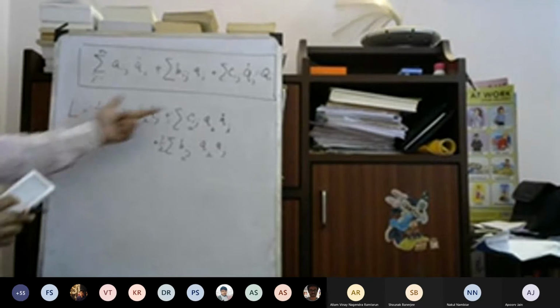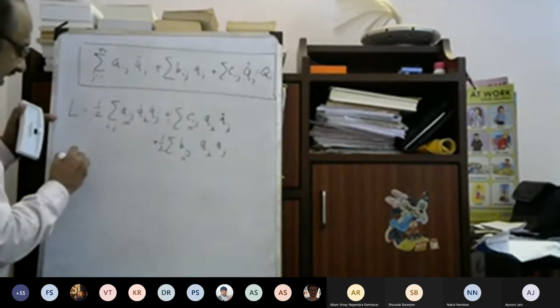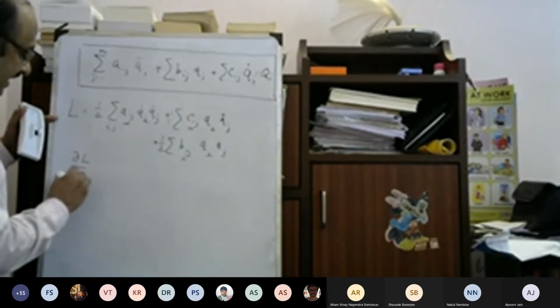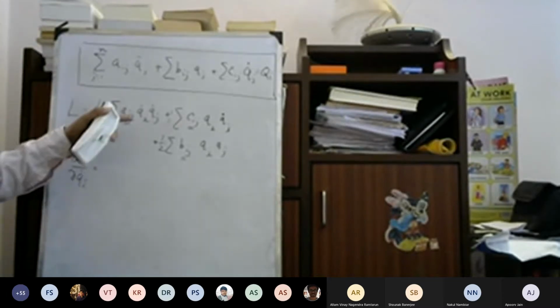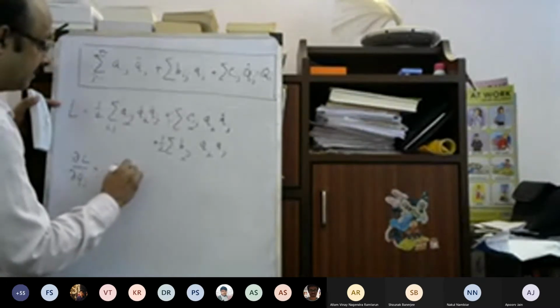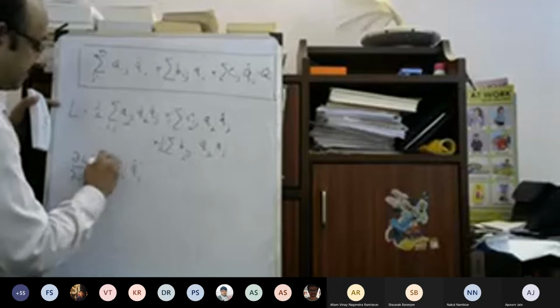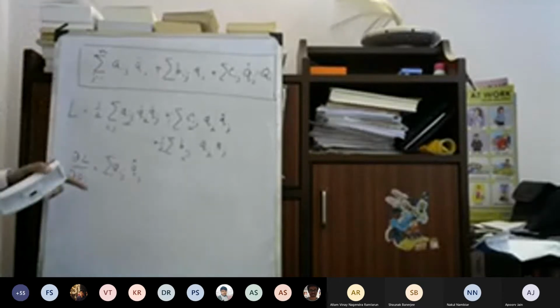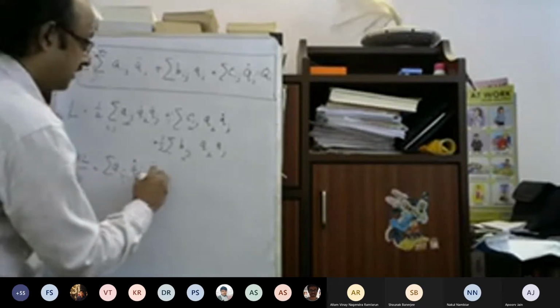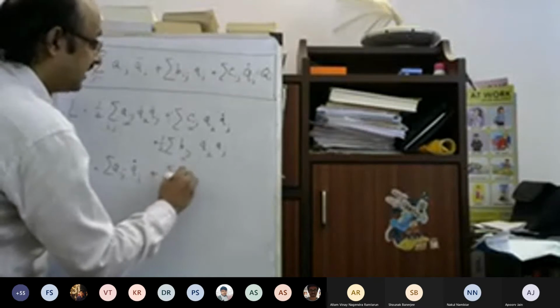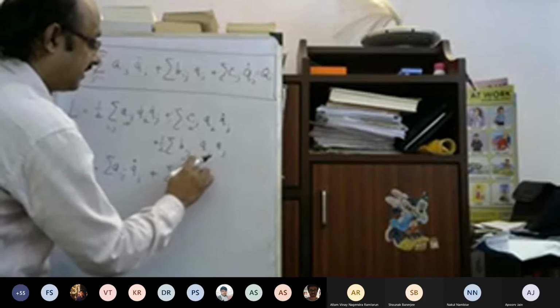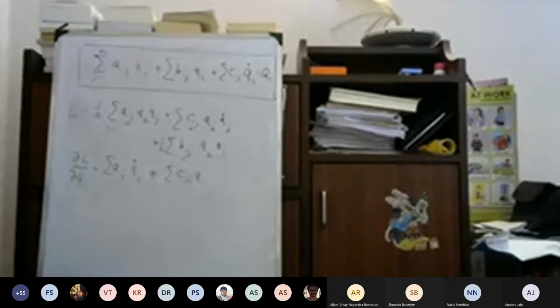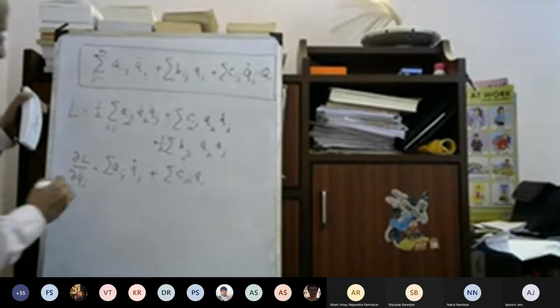Okay. Now, if this is the homogeneous quadratic expression, I can check that del L del Qi dot will be equal to Aij Qj dot plus Cji Qj.